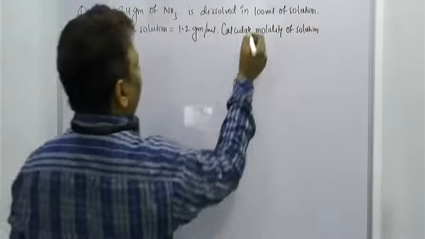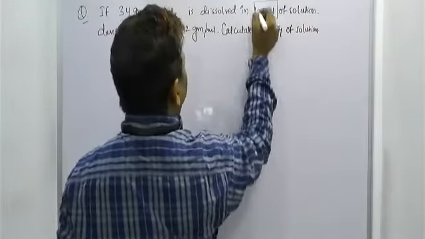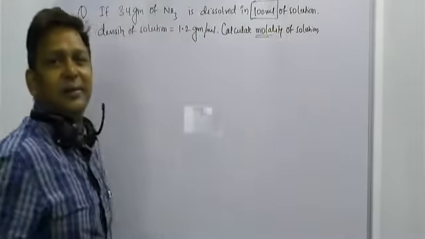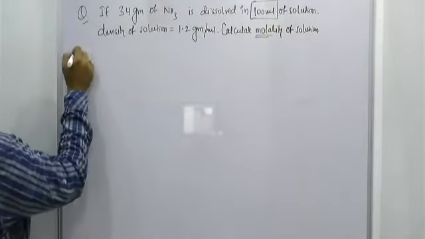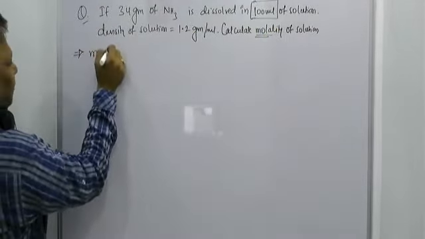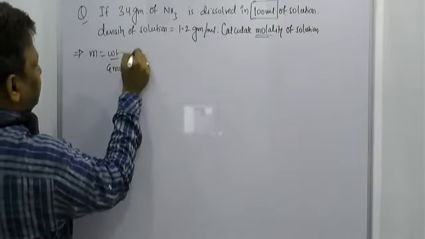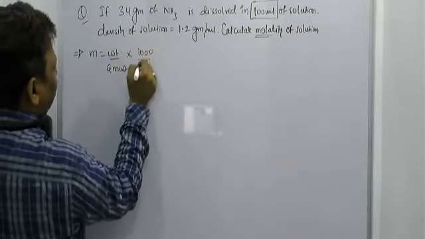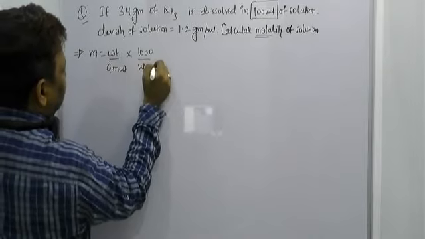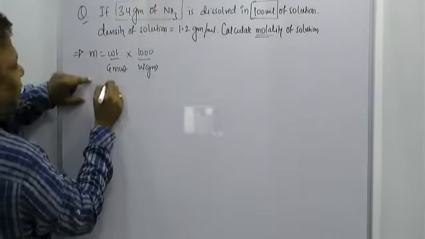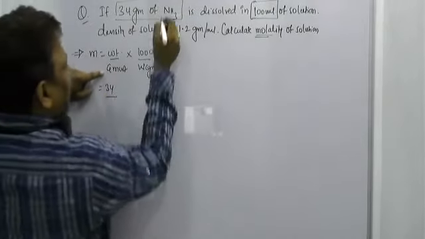They have given the volume of solution in ml and they are asking us to get the molality. Our formula of molality, you know what that is? Molality equal to weight of solute by gram molecular weight of solute into 1000 by weight of solvent in gram. See beta, weight of solute is 34 gram. Do you know the gram molecular weight of ammonia?